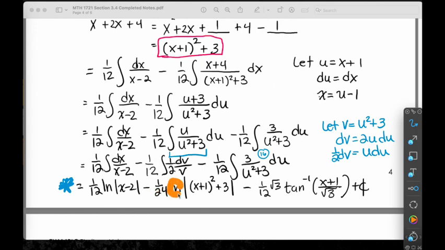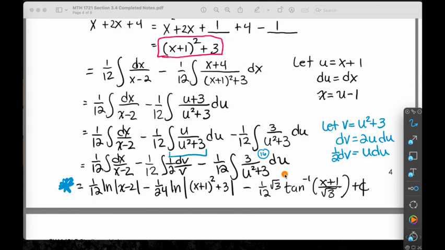And this is the natural log of v goes in here. But when I back substitute a couple times, I get x plus 1 squared plus 3. V is u squared plus 3. So when I replace this with u squared plus 3, and we said that u was x plus 1, we end up with x plus 1 squared plus 3.